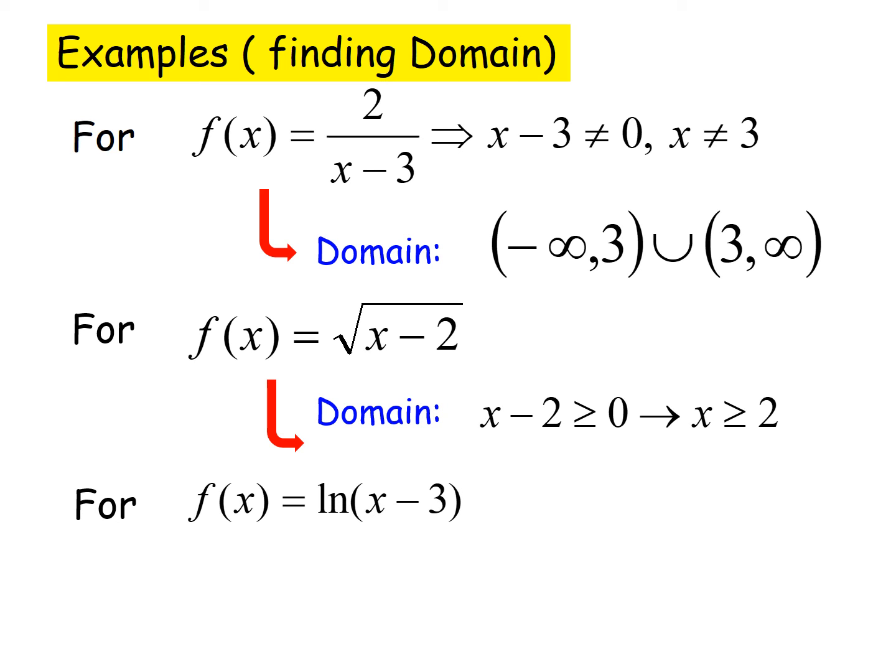For f(x) equals ln of x minus 3, this is a logarithm function. For log a, a must be more than 0. So x minus 3 must be more than 0, which implies x is more than 3. The domain is x more than 3, or open 3 to infinity in interval form.